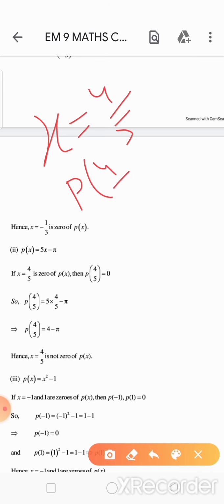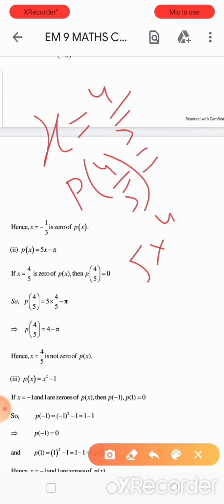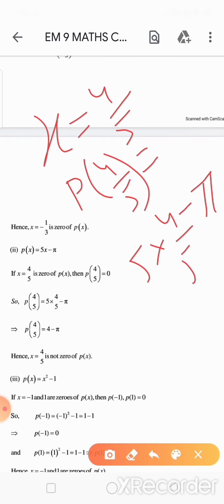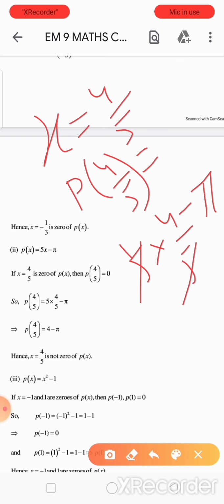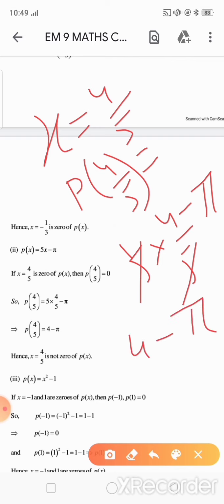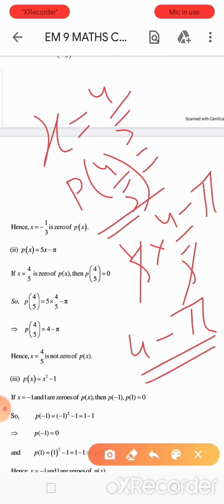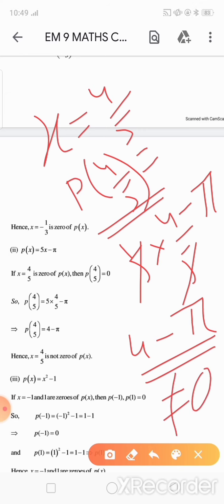So p of 4 upon 5 equal to pi into 4 upon 5 minus pi. Here the pi and 5 cancel and we get 1. So 1 times 4 is 4 minus pi, and the answer of p of 4 upon 5 is 4 minus pi, which is not equal to 0.